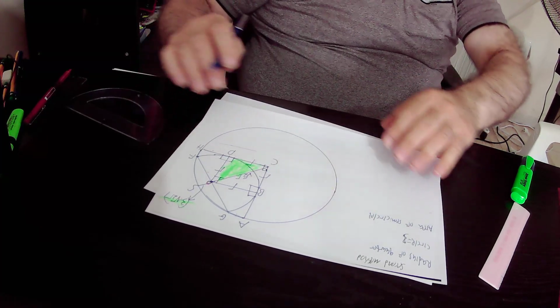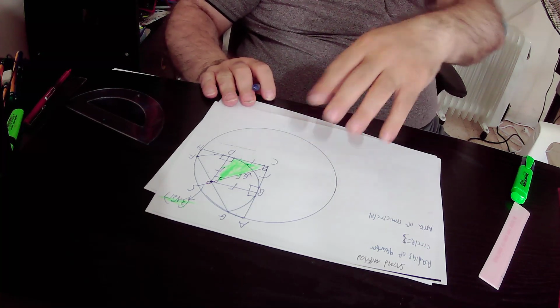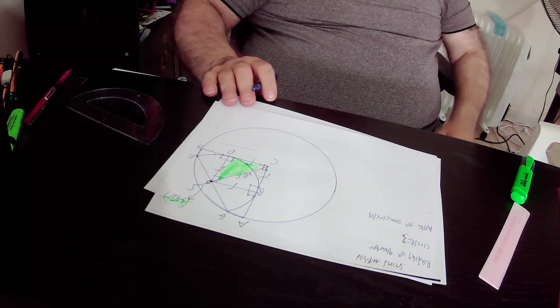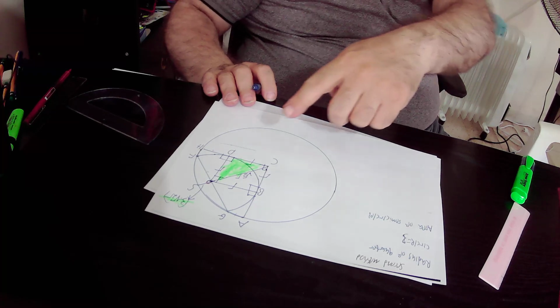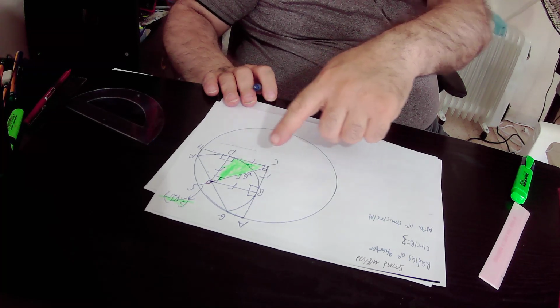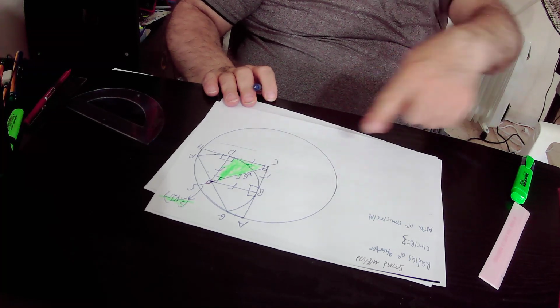So we completed the quarter circle to a circle, and we will extend the diagonal OC by a straight line until it touches the circle.